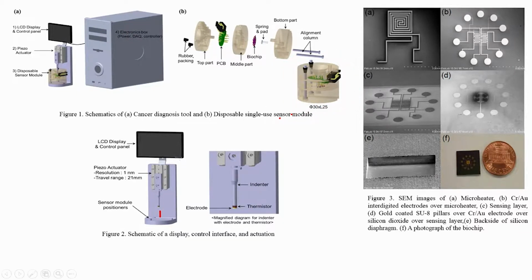If you see here, there is a top panel, a PCB, a middle part, and here is our biochip. Then there is a spring and a bottom part. When you put everything together, you have a cone in which you can place the tissue. So, this is how it works.